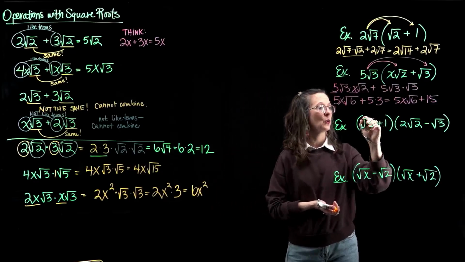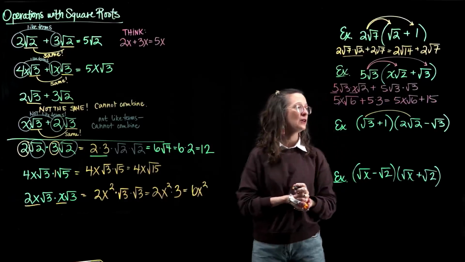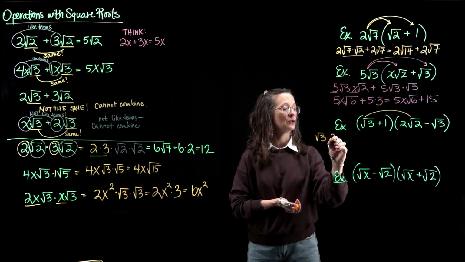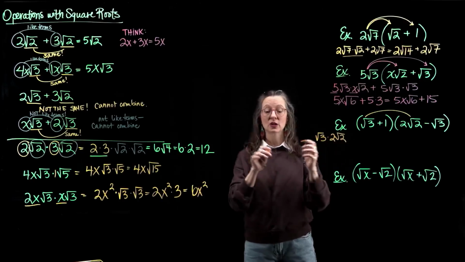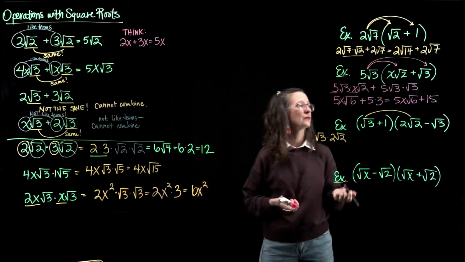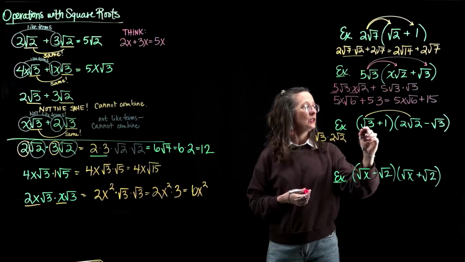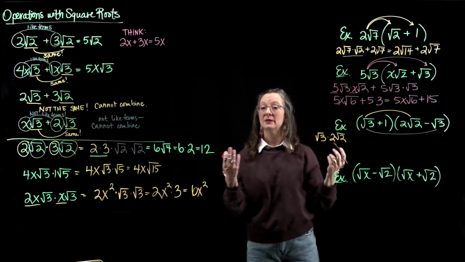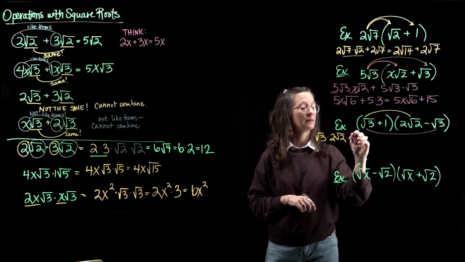All right, so first terms together, square root of 3 times 2 square root of 2. And I'm just going to write each of these out. We'll do them all in a different color. Outside terms, I would have square root of 3 times negative square root of 3.